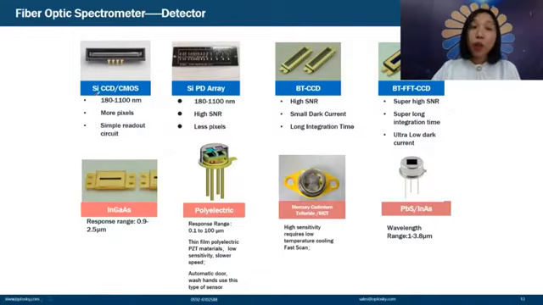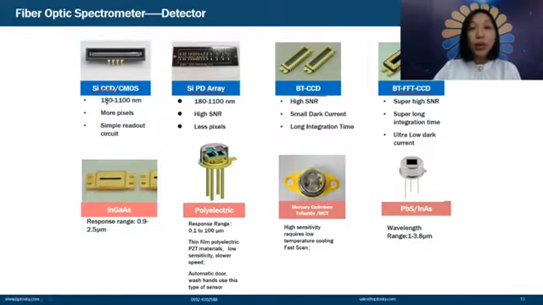We have silicon CCD or CMOS, which is very simple. And also we have the silicon PD array. We have BT CCD and BT FFT CCD. From left to right, the performance is higher and higher.